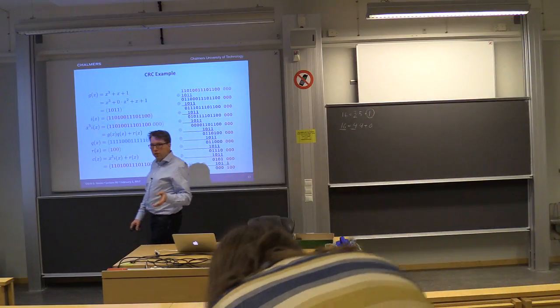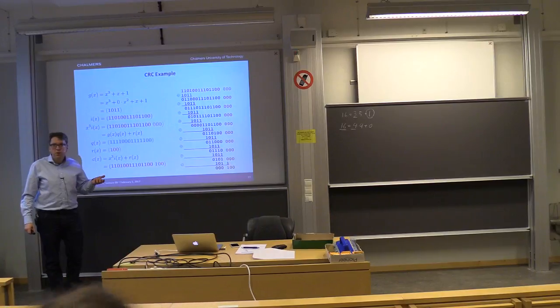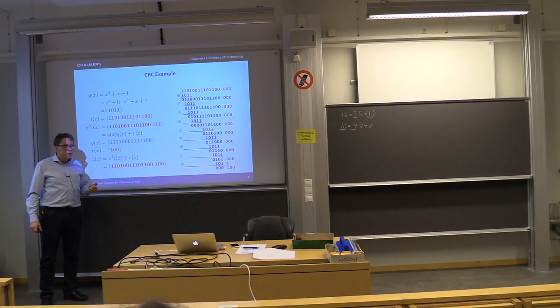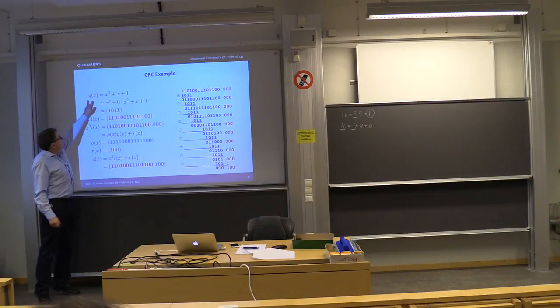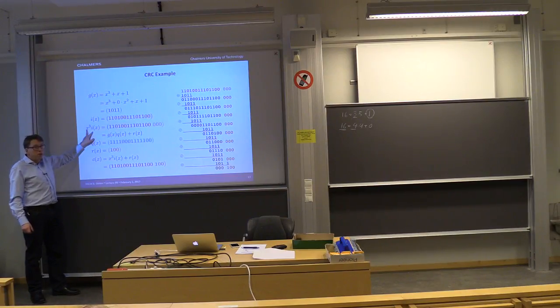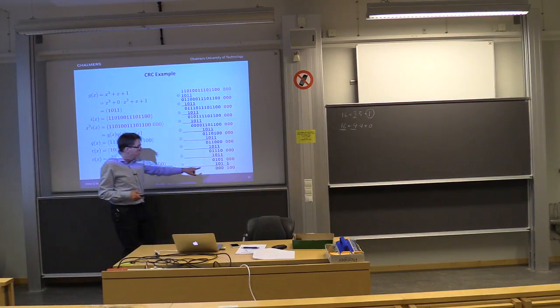So we're talking about CRCs, a way to calculate the check bits using binary arithmetic, binary division of binary polynomials with each other. If we have the generator polynomial and the information polynomial, we first add zeros at the end of the information polynomial, and then we divide by the generator to find the remainder.